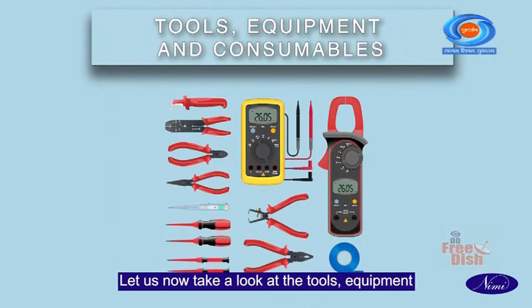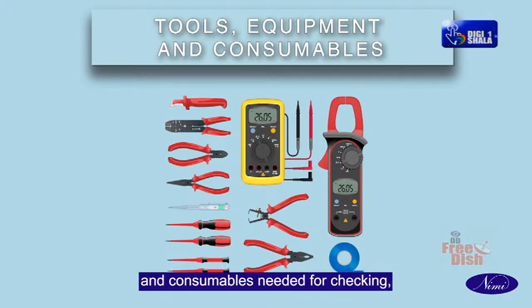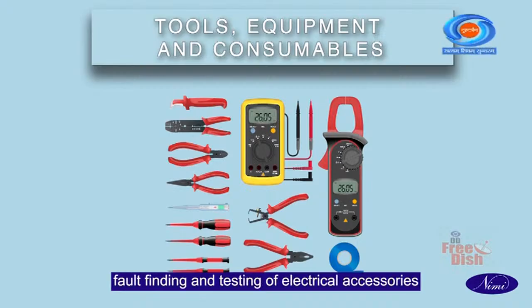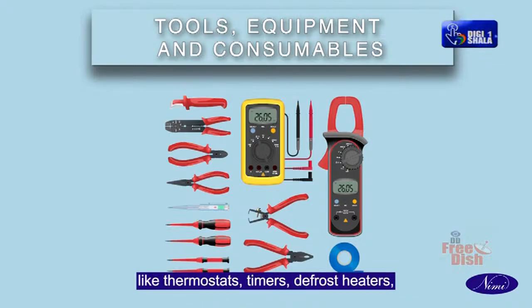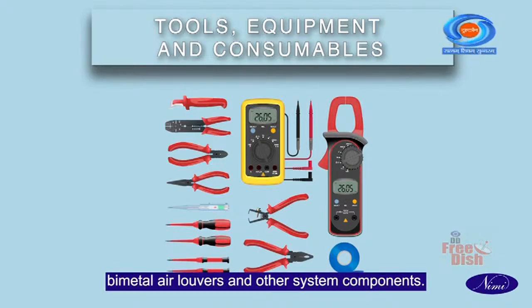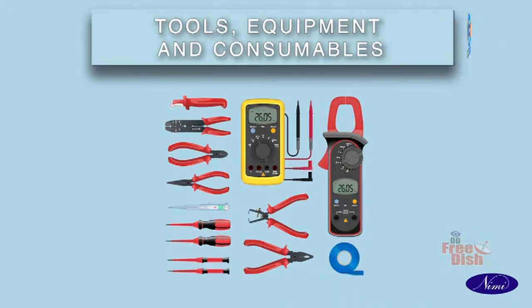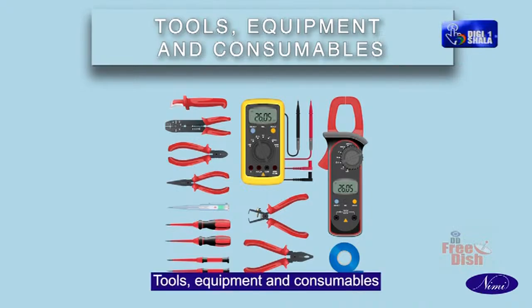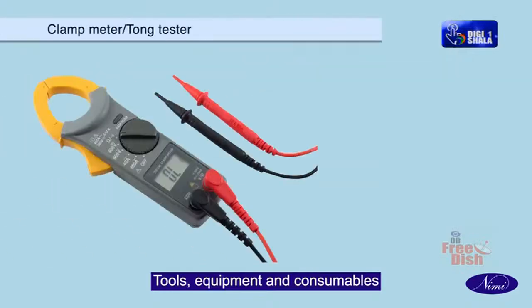Let us now take a look at the tools, equipment, and consumables needed for checking, fault finding, and testing of electrical accessories like thermostats, timers, defrost heaters, bimetal air louvers, and other system components. Tools, equipments, and consumables.